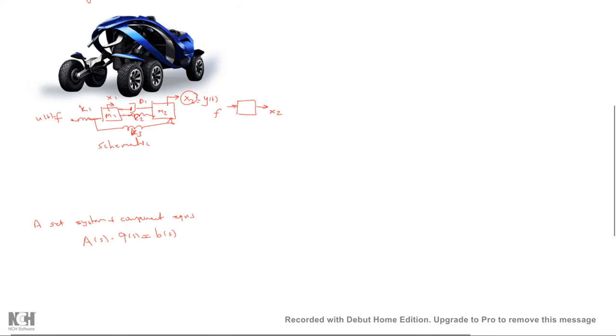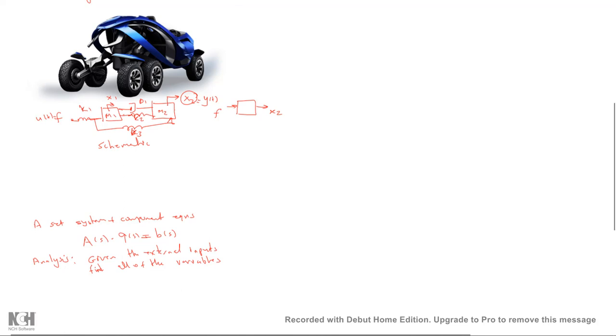Now, when we talk about the modeling, let's talk first about analysis. Given the external inputs, we want to solve or find all of the variables in this domain.